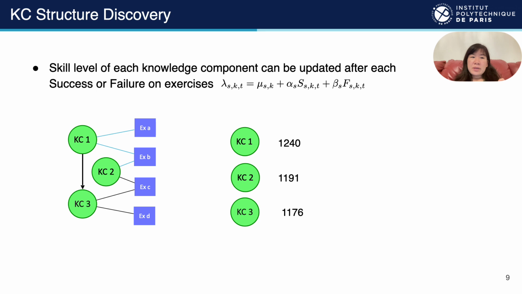We suppose that the skill level of each knowledge component can be updated after each success or failure on exercises.